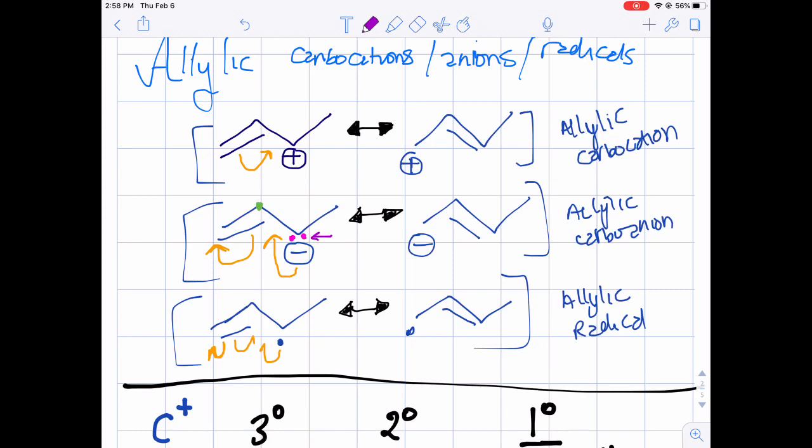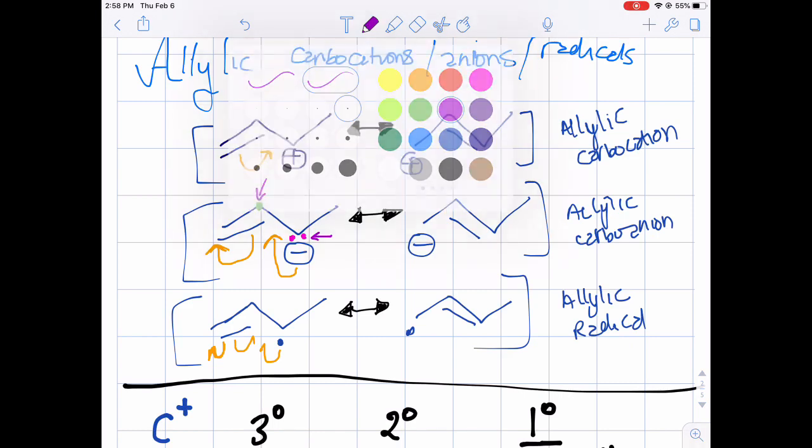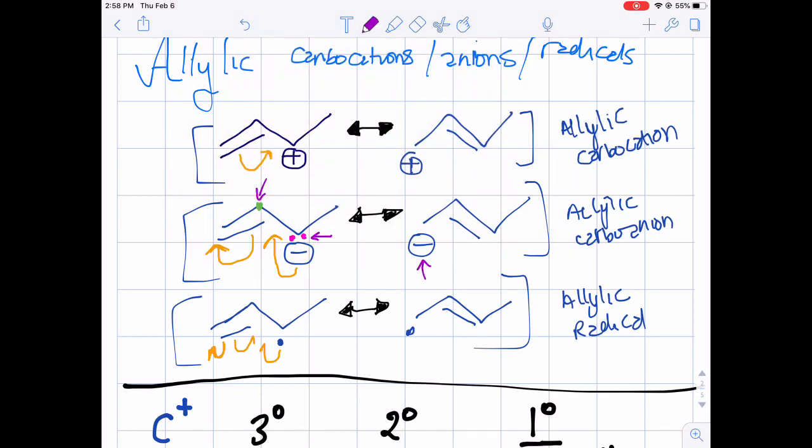And once you create another bond there, that carbon with the green dot is going to have too many bonds, right? Carbon likes to have 4 bonds. That carbon is going to have way too many. So we're going to have to break that bond. And basically this causes the negative charge to be on the side where the double bond was, and the pi bond will now be on the side where the negative charge was.